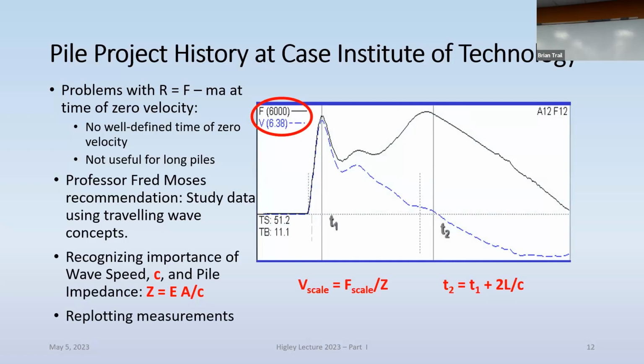Force and velocity go up together in the beginning at the time of impact, and then separate as resistance from the shaft of the pile is being encountered, causing reflections, which then will produce a difference between force and velocity that can be interpreted as the shaft resistance. So that was quite a breakthrough.